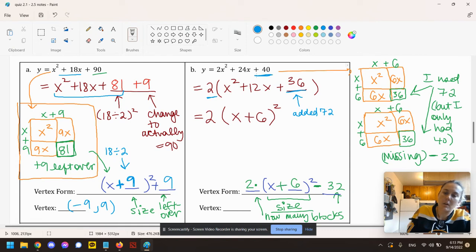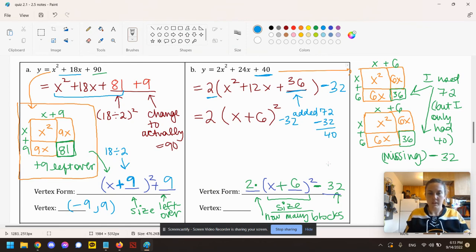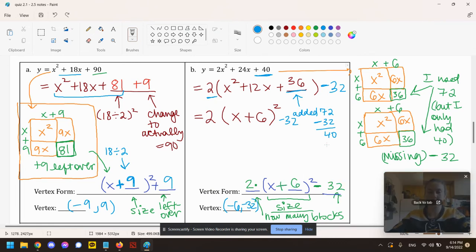However, I want the number on the back to be 40, so I need to minus 32 so that my end result is actually 40. And thus, we get the same equation twice. Afterwards, we find the vertex. That's negative 6, negative 32. Because again, we switch this number and we keep this number the same.